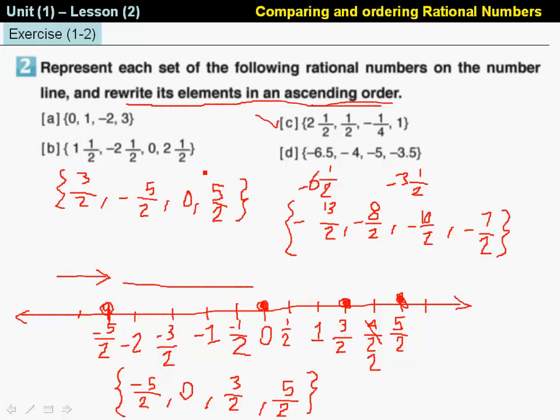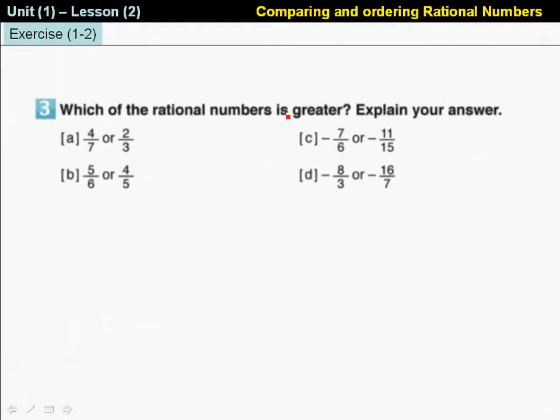as we did. Which of the rational numbers is greater? Explain your answer. If you want to compare two rational numbers or more than two rational numbers, you must have the same denominator. So this is 7 and this is 3. Make the multiplication of these denominators, which is 7 times 3.